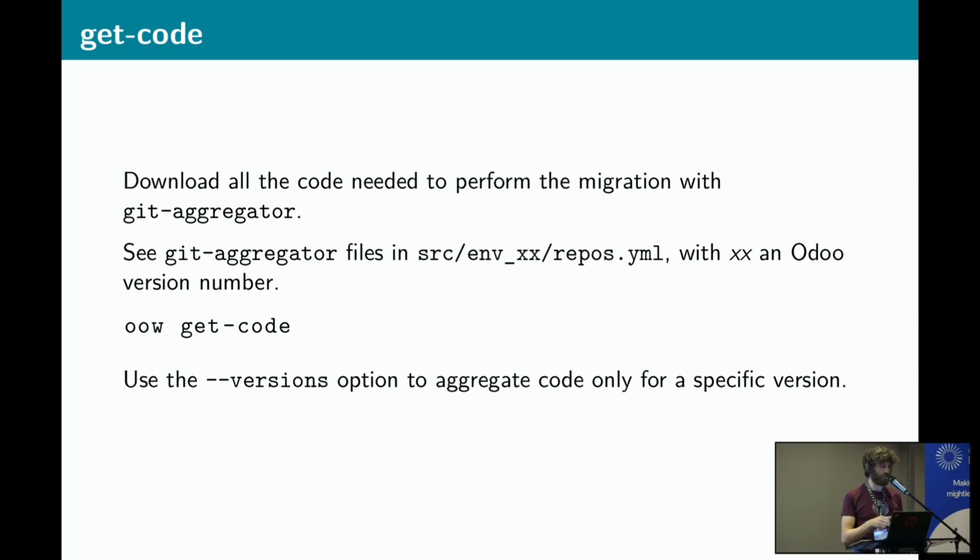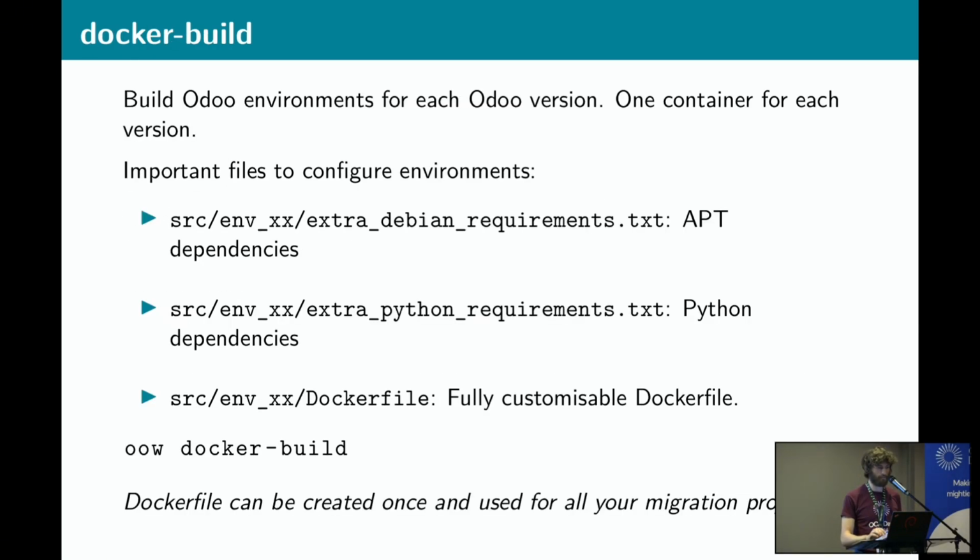And when you're ready, run oow get code, and you will download all the code. It will take a bit of time and be a bit heavy. Do not hesitate to use the version tag flag to specify one version if you want to do it version per version, or if you update something and you don't want to rerun everything, just use that.